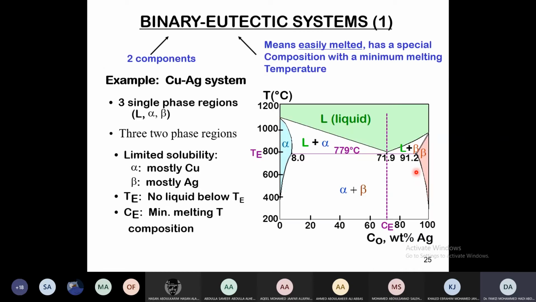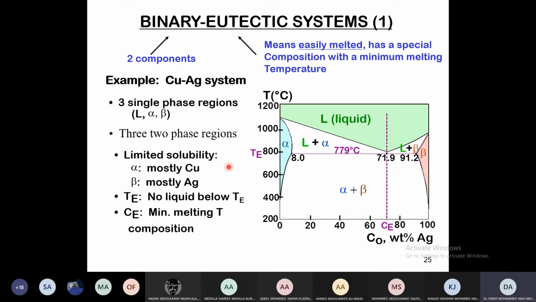Now, what is happening here? For example, to determine the melting point temperature of pure copper, how do we determine it, from what we did in the last phase diagram?